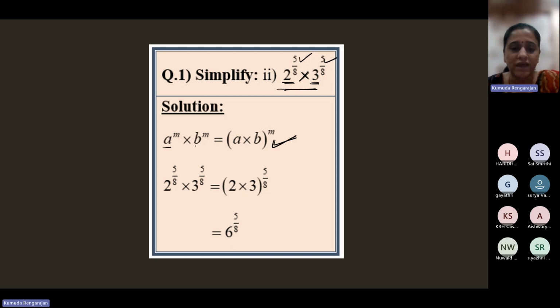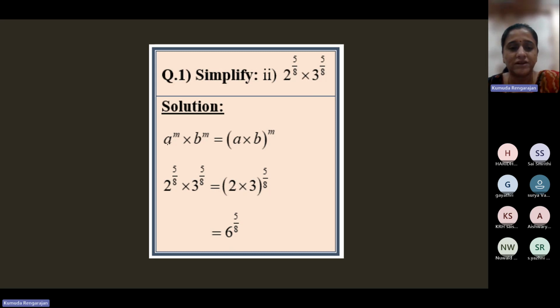When bases are different, a, b, but raised to the same power, and it's multiplication, the rule says multiply the bases and raise that to the same power m. A to the power m into b to the power m.